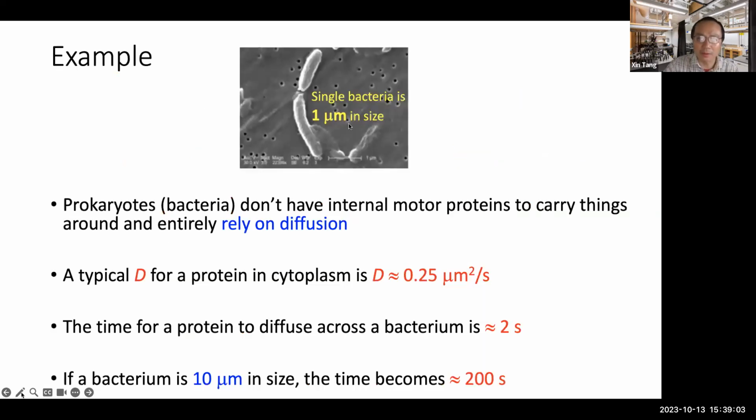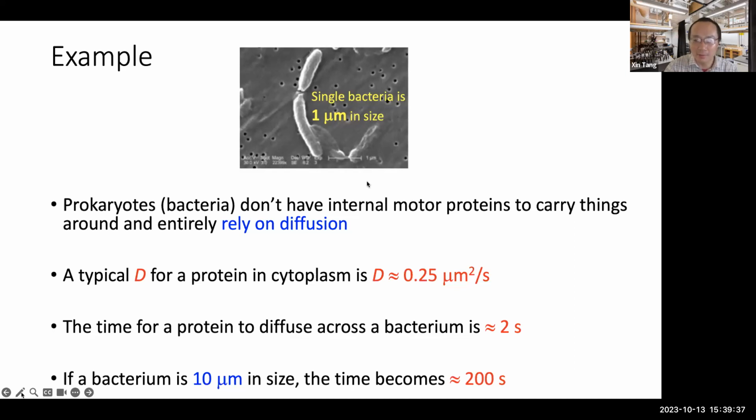We discussed one application in bacteria. If a protein diffuses in the bacteria's plasma, with a typical diffusion coefficient of 0.25 micrometer squared per second, then for a bacteria of size 1 micrometer, this protein takes only 2 seconds to go from one end of the bacteria to the other. We talked about this in the last lecture.